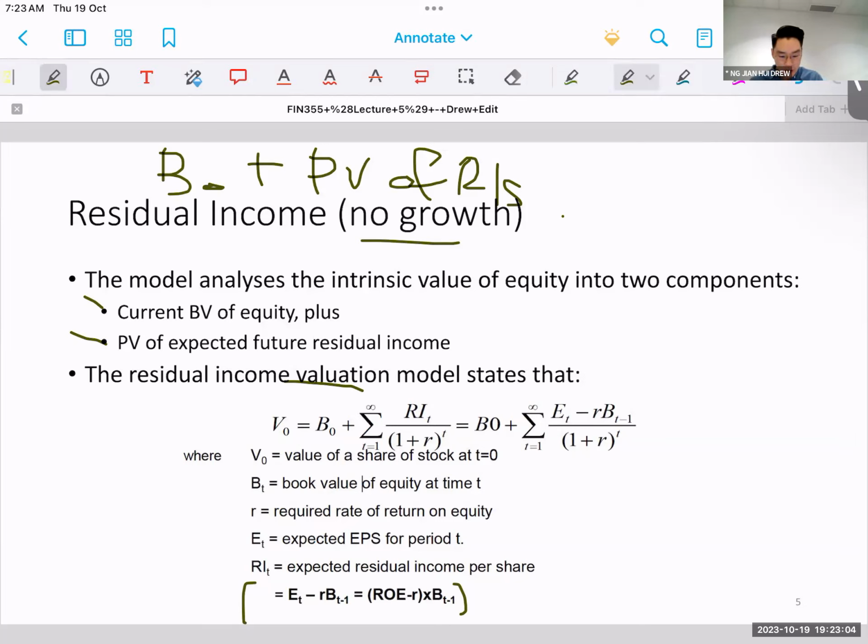I just want to highlight here for this part, all of you understand this, right? So this is basically just the summation. You just take PV of residual income in year 2, PV of residual income year 3, PV of residual income year 4, and you just add them up together as a summation.